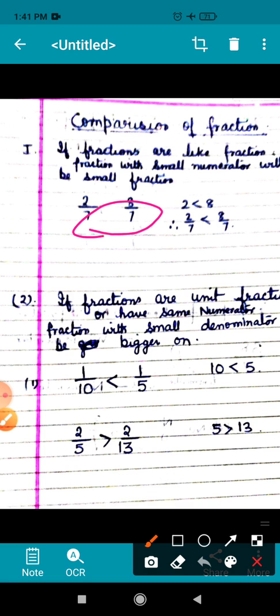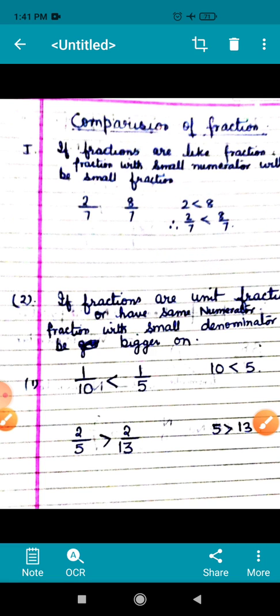So by seeing their numerators you will decide which fraction is the smaller fraction. Here 2 is a smaller number, so 2 is smaller than 8. It means 2 by 7 is a smaller fraction than 8 by 7.